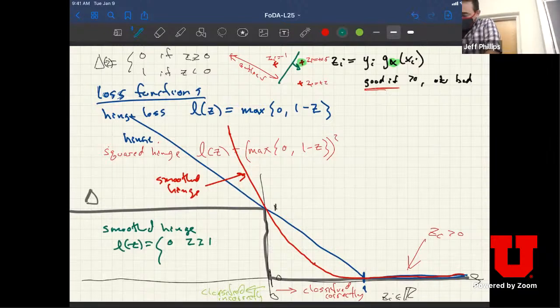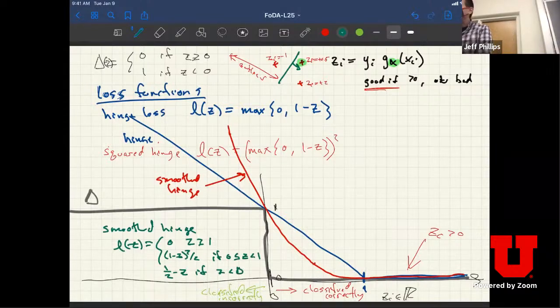It's going to give 1 minus z squared over 2 if 0 is less than or equal to z is less than or equal to 1. So if z is between 0 and 1, it's going to look like the squared hinge, but with the 1/2. And then it's going to be 1/2 minus z if z is less than 0.